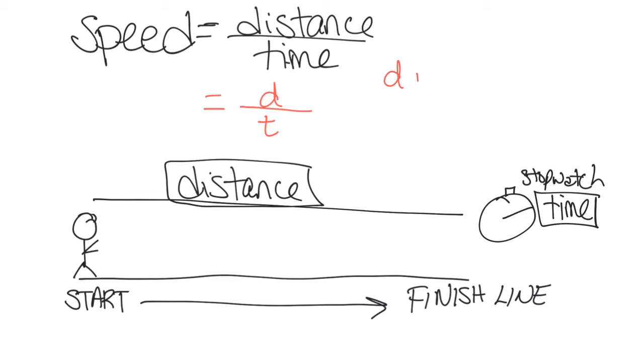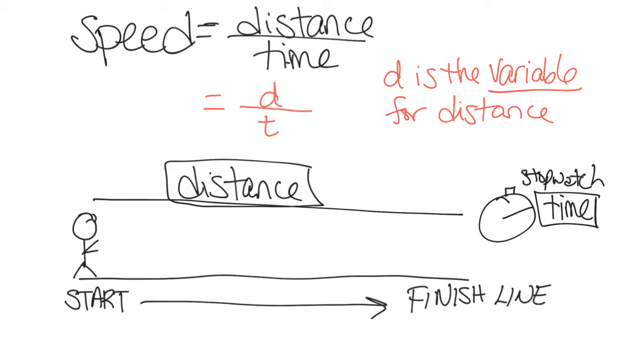So D is the variable for distance, okay? So that means that a variable is the symbol that replaces it in an equation, right?